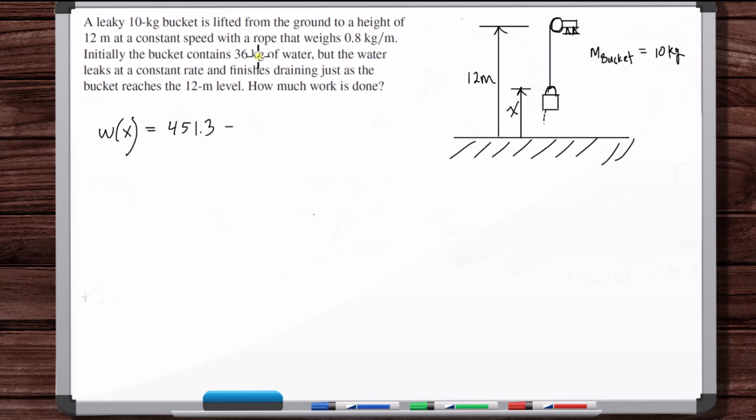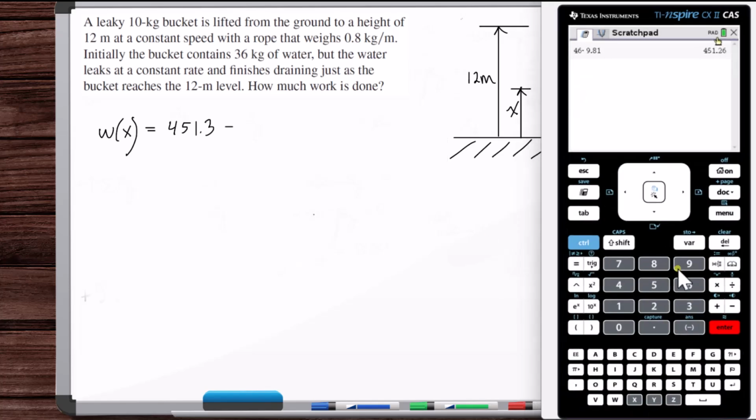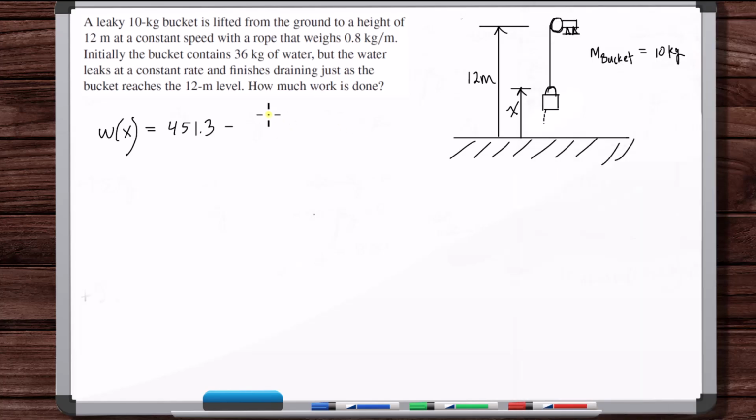When x gets to 12, what you end up with is the 36 kilograms. So 36 times 9.81 is 353.2. So 353.2 divided by 12 times x.